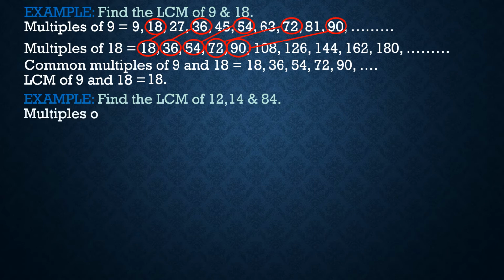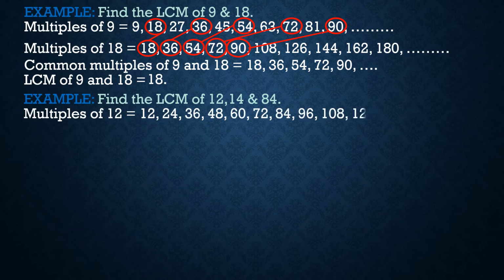So multiples of 12 are 12, 24, 36, 48, 60, 72, 84, 96, 108, 120, 132, 144, 156, 168 and so on.